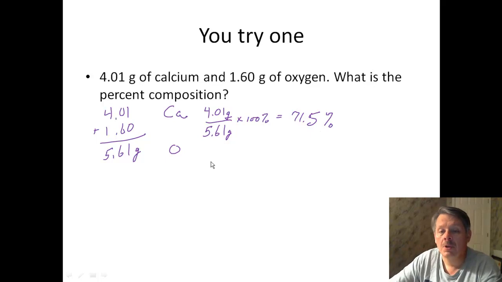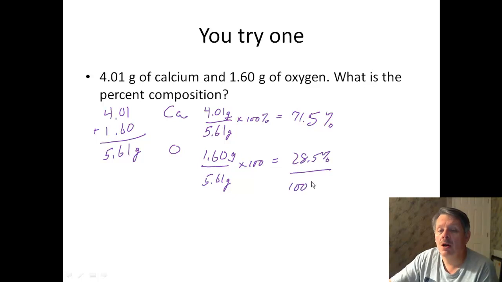Which means my other one should be about 28.5% if I did my math right. So 1.60 grams divided by 5.61 grams times 100% is equal to 28.5%. When I add them up, I get 100%, which is just my check and balance to make sure I did it right. Okay.